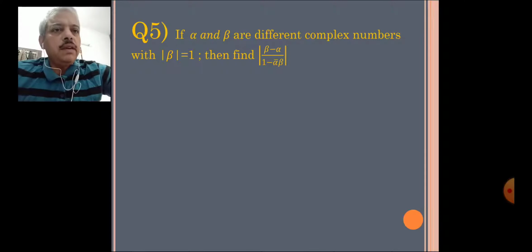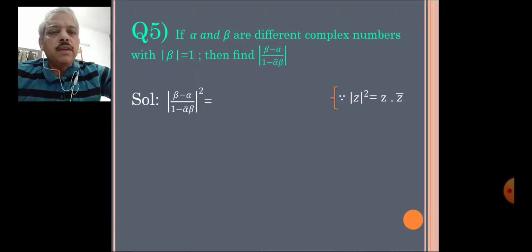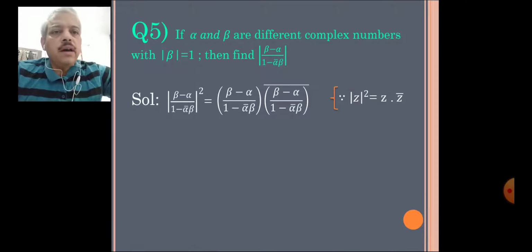If α and β are different complex numbers with |β| = 1, then find |(β − α)/(1 − ᾱβ)|. To find the modulus, we will first solve for its square, because we know that |z|² = z z̄. So |(β − α)/(1 − ᾱβ)|² = z z̄.